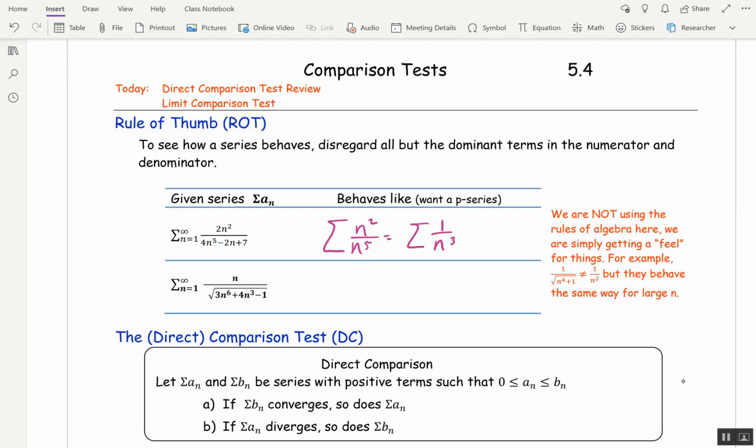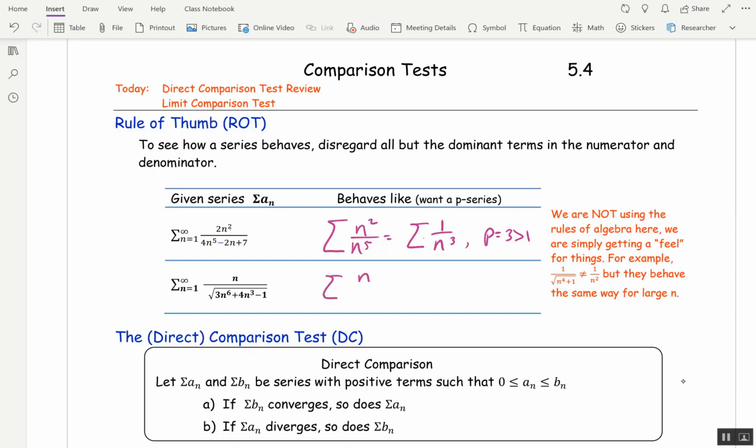So if we wanted to show this converges or diverges, we'd be trying to show it converges because it behaves like this series, and this is a p series with p equal 3, and 3 is bigger than 1. So that would converge.